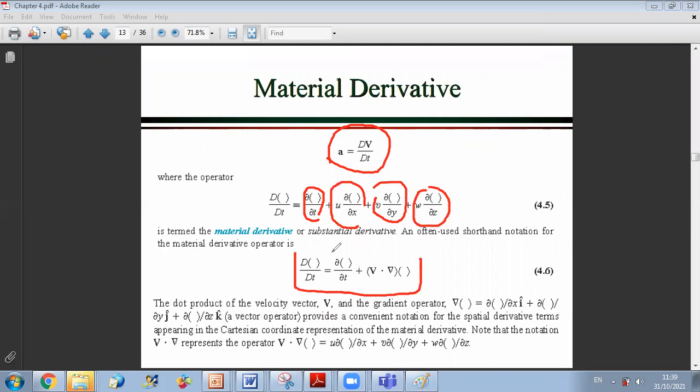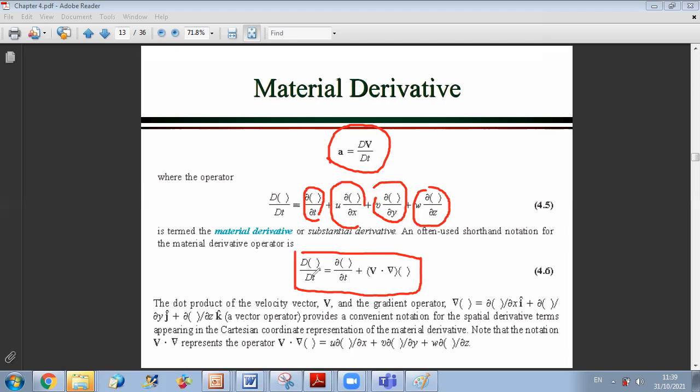You can summarize this formulation by the following: d by dt of a certain variable equals del by del t, and this variable can be a vector or any property, it can be a pressure, which is not a vector.